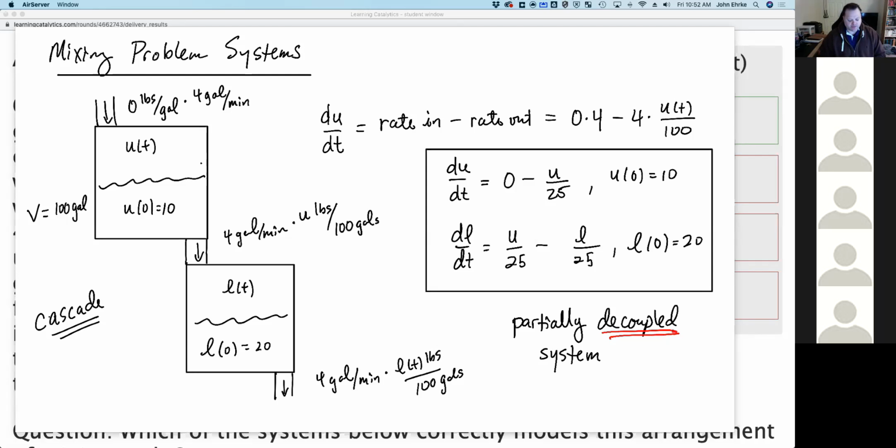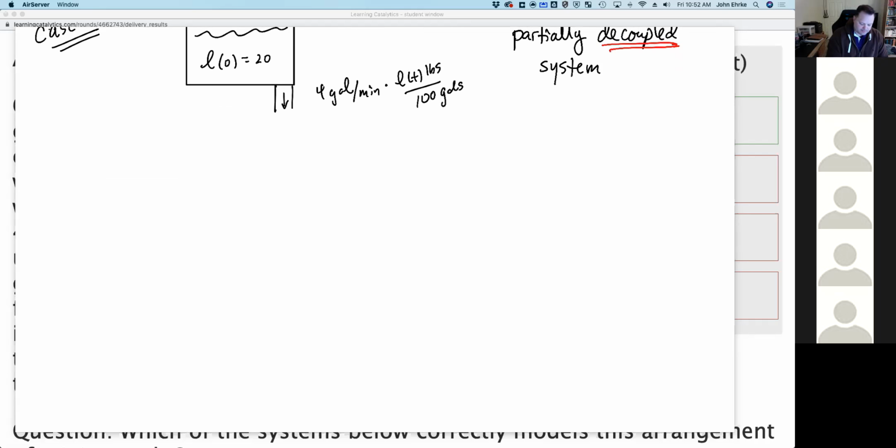Right, so if I had some sort of system where what comes out of L flowed back into U, does that make sense? So if what I had in L somehow flowed back into U, then they would be coupled. And the arrangement of such a tank system would look like this.